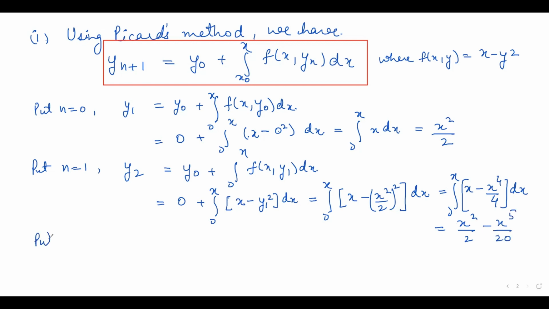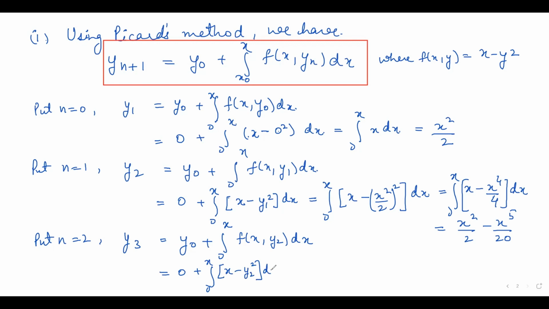Now when I put n is equal to 2, I'll get the value of y3, and on a similar basis, I'll substitute f of x comma y2 dx, so x minus y2 whole square. What is y2? This whole term is y2, so I just put it. The a minus b whole square formula you need to use.